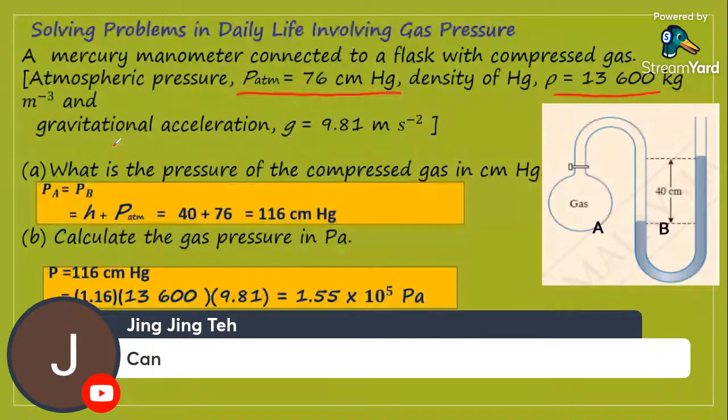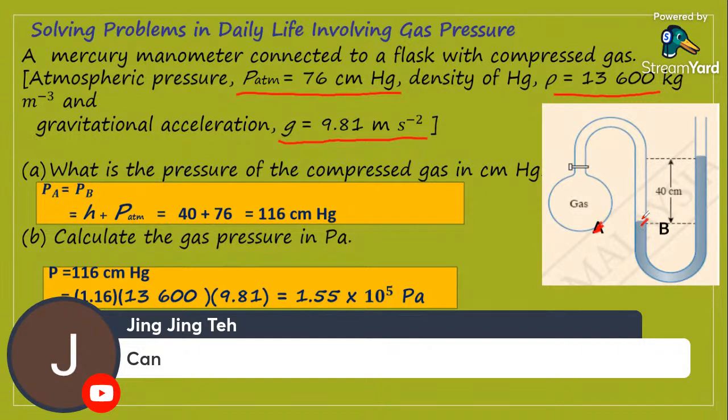Okay, we look at the diagram. This is a gas in a container, and this one is the mercury manometer. What is the pressure of the compressed gas in cm mercury?